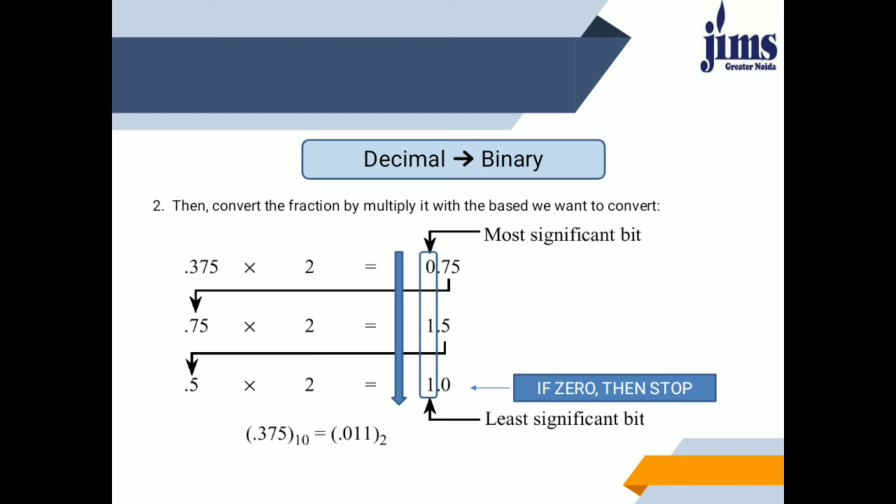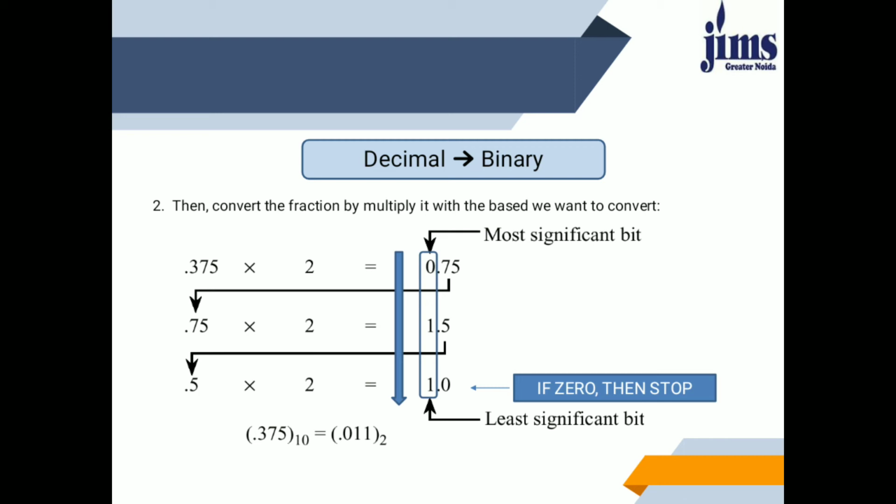The remaining 0.75 will again be multiplied by 2, giving an answer of 1.5. Now the 1 will be considered and 0.5 will again be multiplied by 2. This is the way we can convert any floating point decimal number into binary.